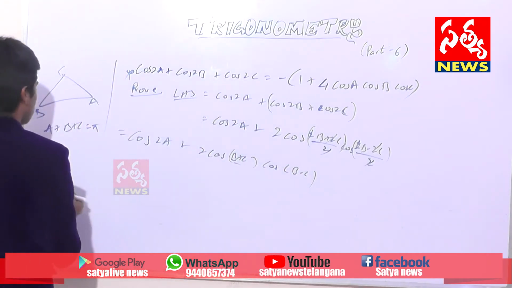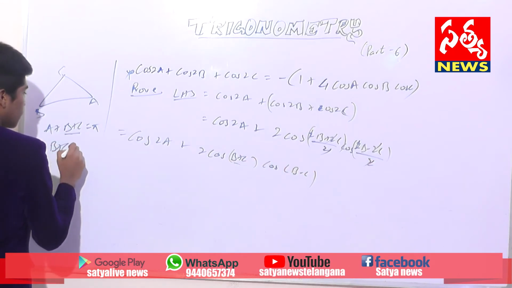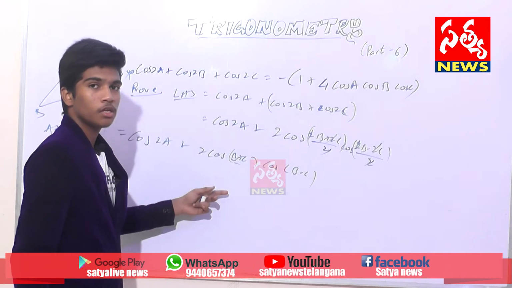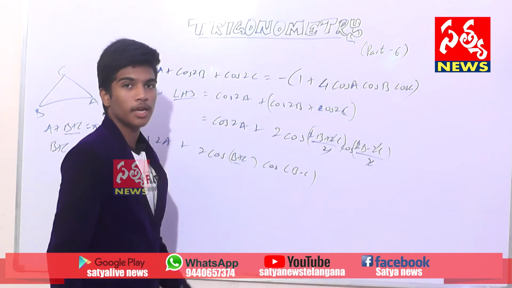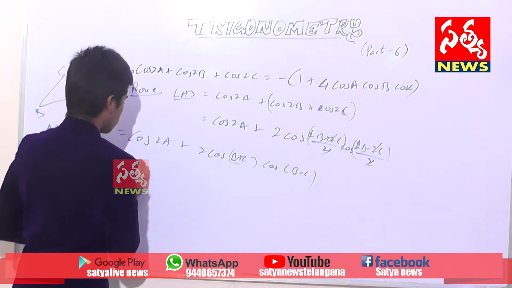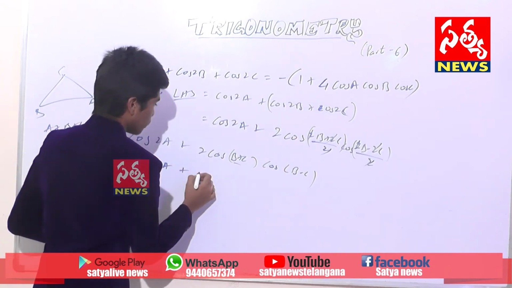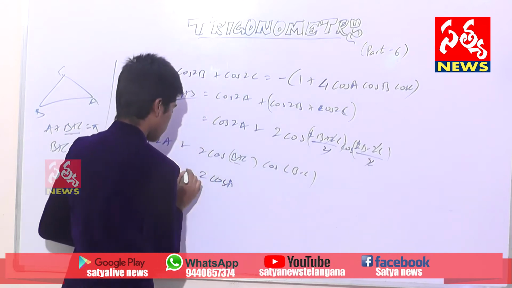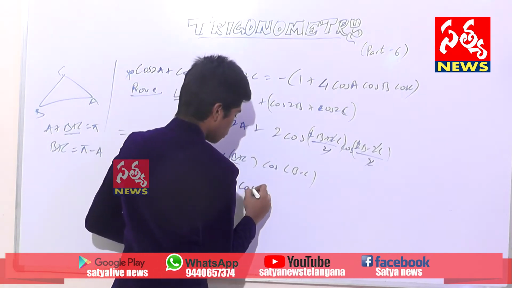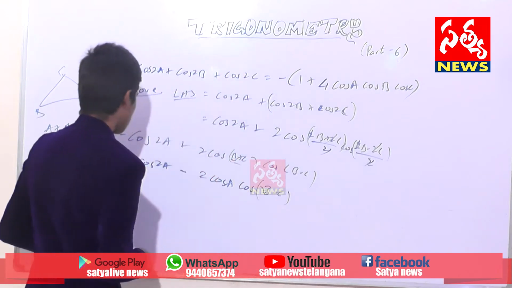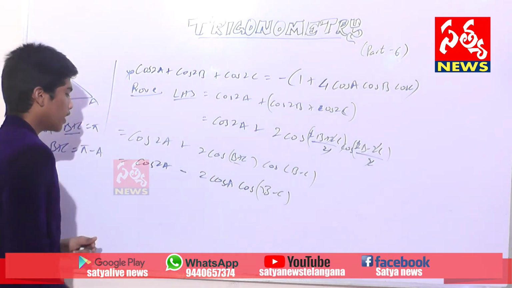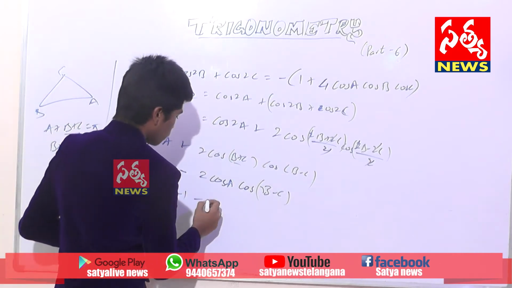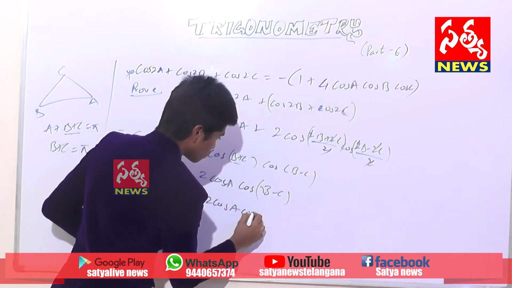Now see here, B plus C can be written as pi minus A. Cos of pi minus A is minus cos A, as pi minus A lies in the second quadrant. So cos 2A plus 2 cos A, sorry, here we get minus 2 cos A into cos(B minus C). Now cos 2A in terms of cos is 2 cos square A minus 1, minus 2 cos A cos(B minus C).